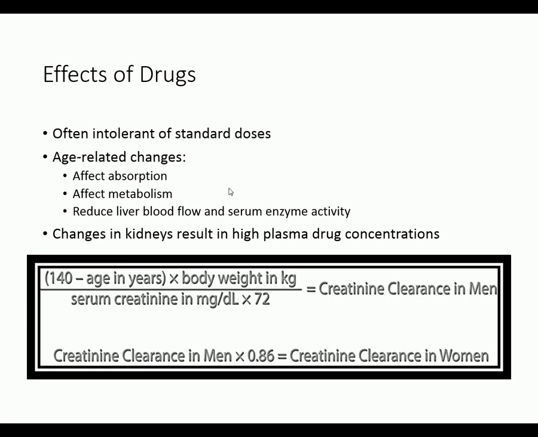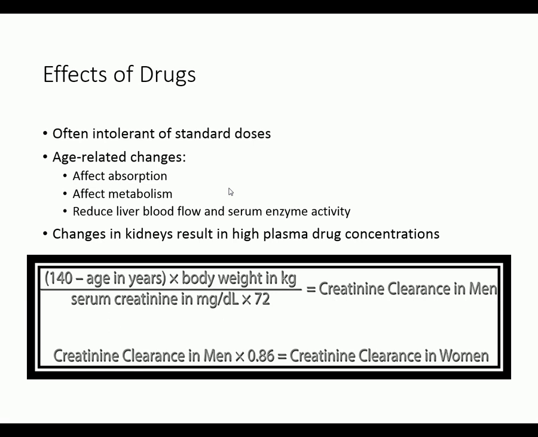Excretion is affected because of decreased renal blood flow and glomerular filtration rate, which decreases your creatinine clearance and slows the excretion time of your meds. All of this can lead to drug reactions that have a more dramatic effect and take longer to correct. So the policy in the older adult, like I said before, is to start low and to go slow.